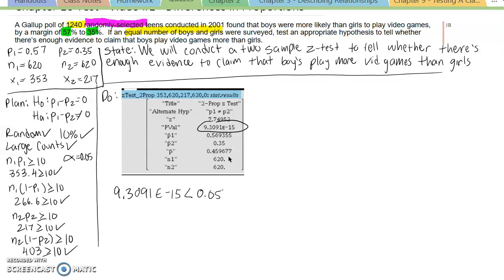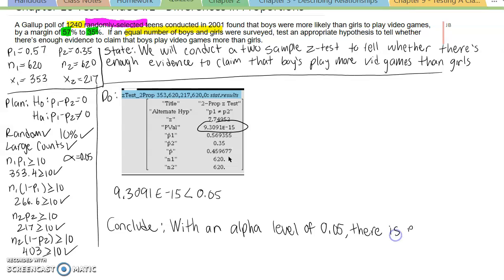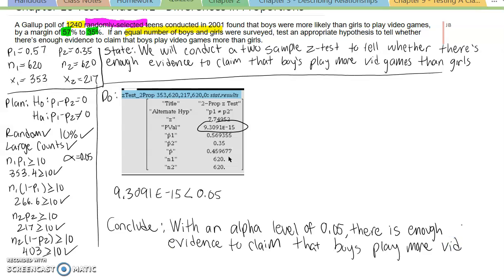So then we will conclude that with an alpha level of 0.05, there is enough evidence to claim that boys play more video games than girls.